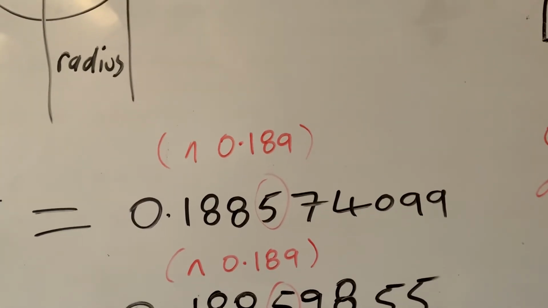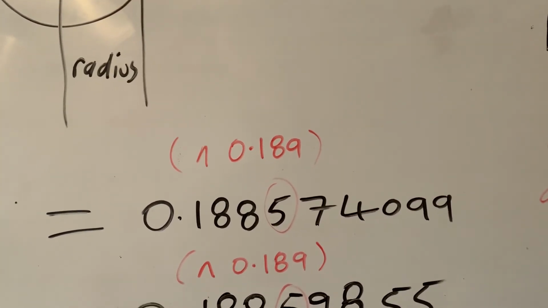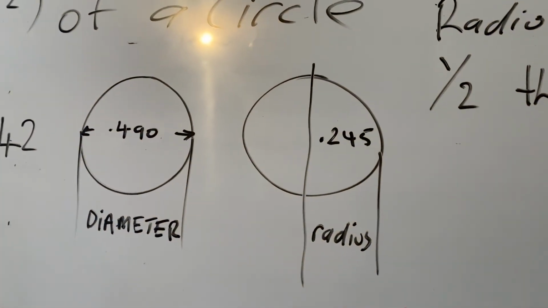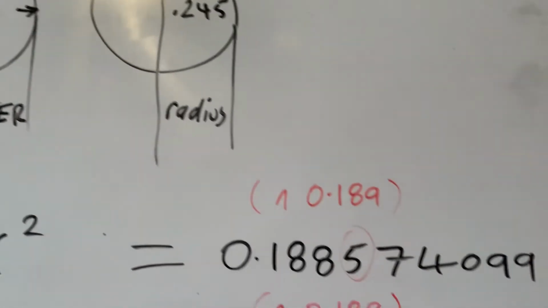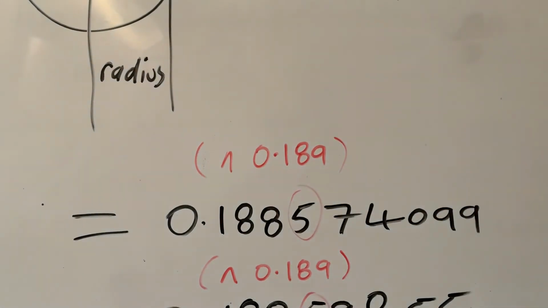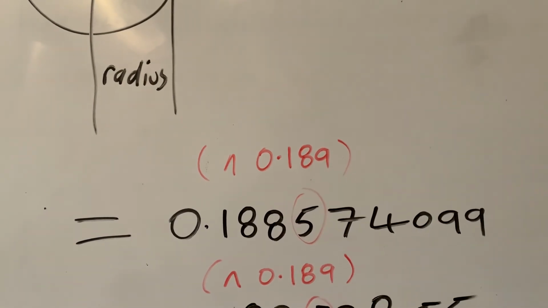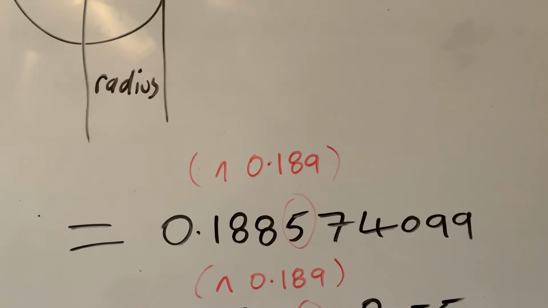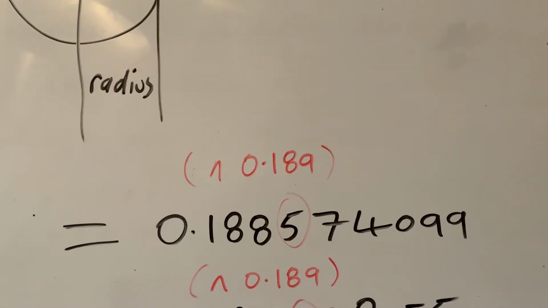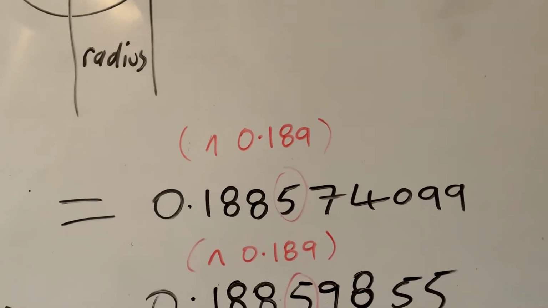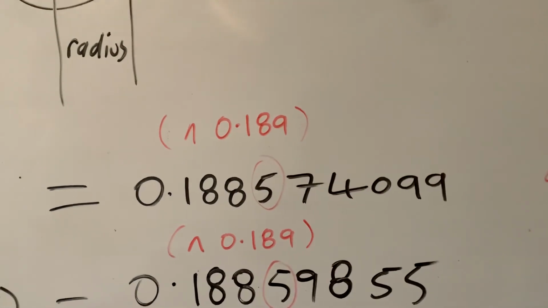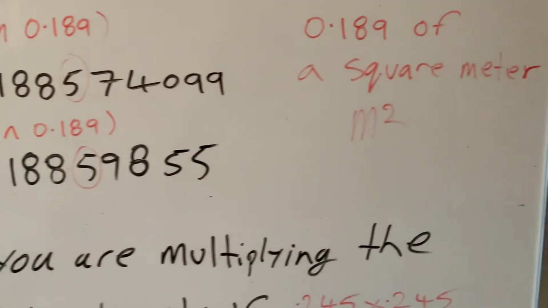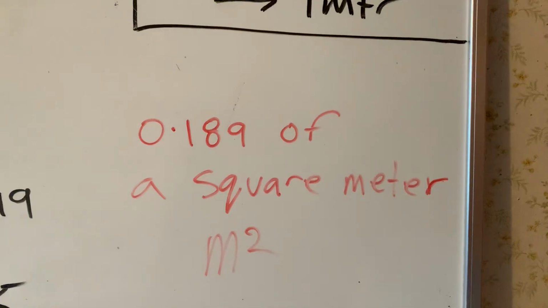Okay? That means that the surface area of that circle is 0.188 or 0.189 of a cubic meter. Of a square meter. Square meter, George, not cubic meter. Okay. Now, that's what it ends up being.